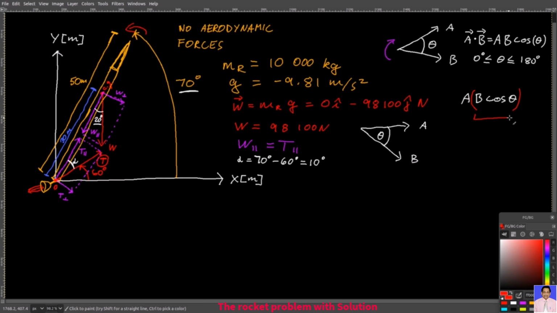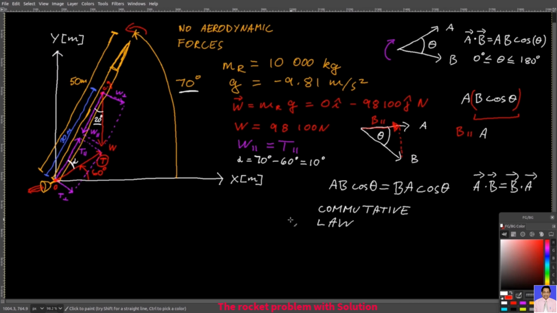And with these parentheses, I obtain a component of this vector B that is parallel to A. And you're still multiplying two arrows in the same direction, but now it's B parallel times A. But in the end, it doesn't matter because AB times cosine theta equals BA times cosine theta, which means that A dot B equals B dot A. That's called the commutative law. In the end, you still get the same result.